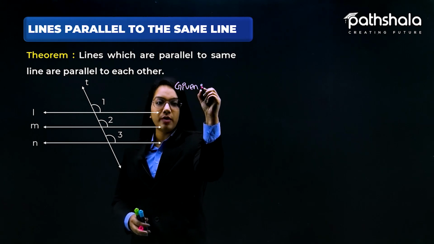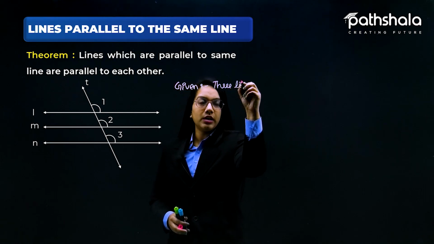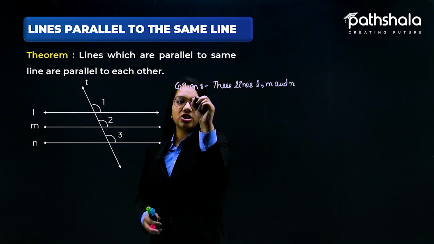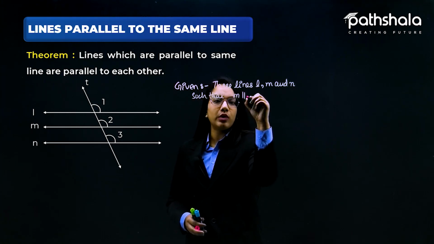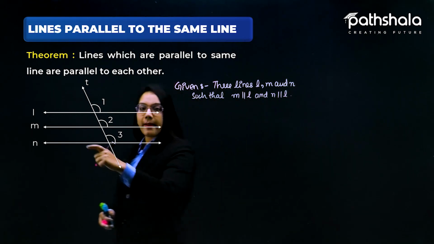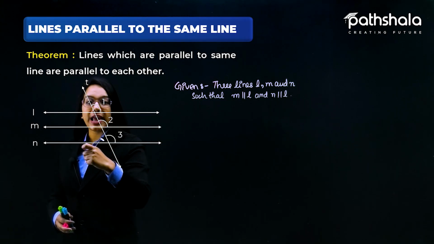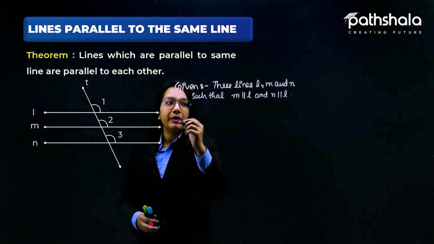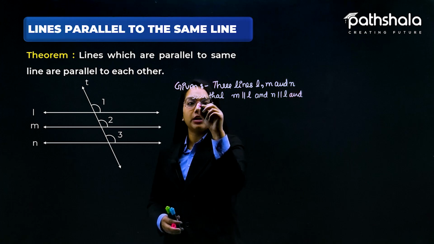I have taken three lines L, M and N such that M is parallel to L and N is parallel to L. So this is the given line that I have taken, M is parallel to L and N is parallel to L. What we have to prove is that these two lines are parallel to each other. And we have T as a transversal.